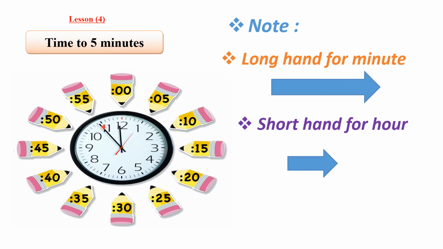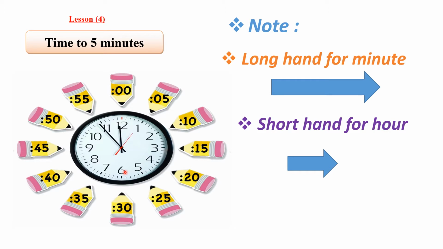So when the long hand, for minutes, moves from one number to the next, like from 1 to 2, it is 5 minutes, and from 2 to 3 another 5 minutes, from 3 to 4 another 5 minutes, from 4 to 5 another 5 minutes, from 5 to 6 another 5 minutes.